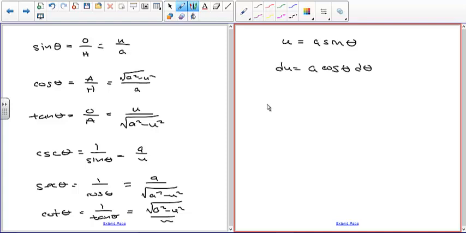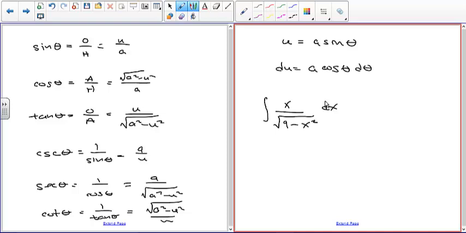So let's just look at an example. So we'll do something we already know what the answer is. Well, no, we're not going to do that one. We're going to do x divided by... we know how to solve this one already, but we're going to do it another way instead. We could just use direct u substitution, but we're going to use trig substitution just to show you how it works. So what we have is the integral of x divided by the square root of 9 minus x squared.